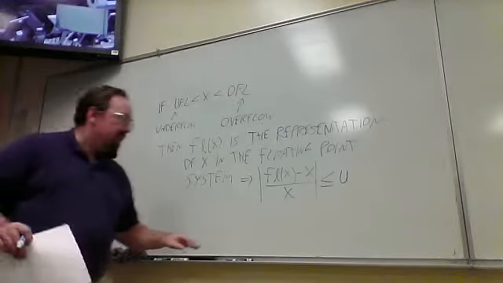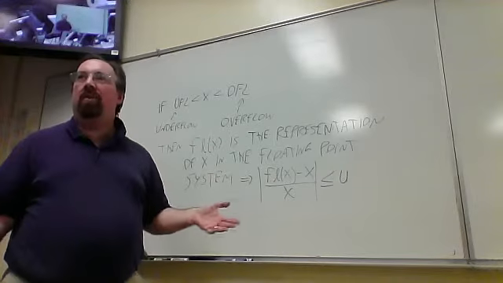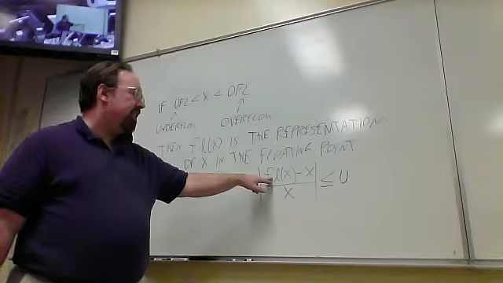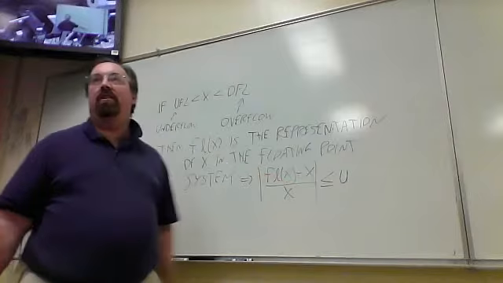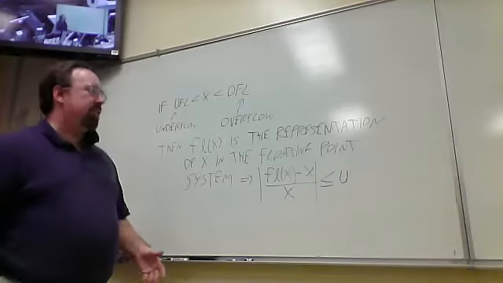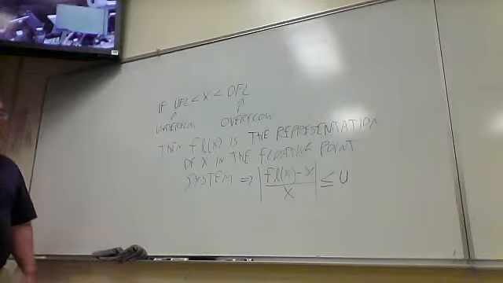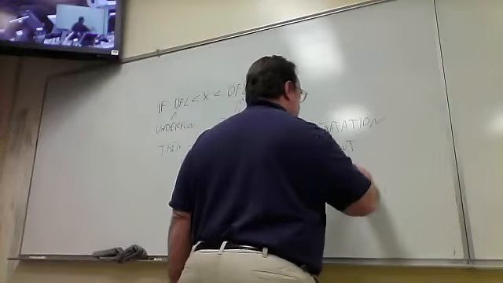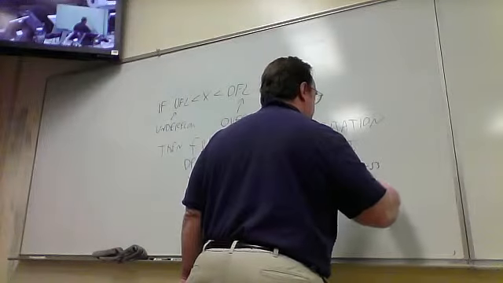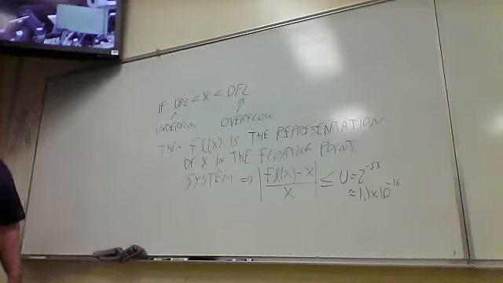So whenever you are taking a number that cannot be represented exactly, like pi or even 1/3, and you get the number in your floating point system that represents it, at least you know this is how close it is to that number in a relative sense. You can think of this as being like a percentage error. But that's going to be 2 to the minus 53, which is roughly 1.1 times 10 to the minus 16, just to give you an idea as to how small that error really is.